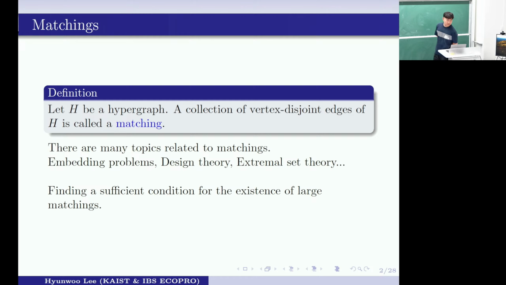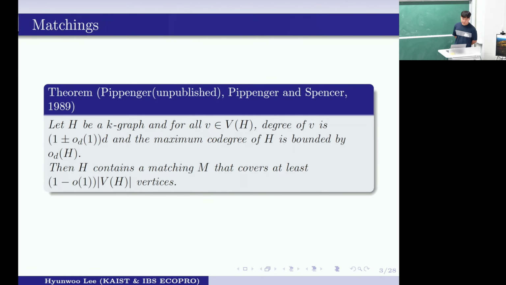So it is very natural to consider whether there is some general result on hypergraphs that can guarantee the existence of an almost perfect matching. I think this theorem provides a very nice and very general sufficient condition for the existence of an almost perfect matching, which is called the Pippenger-Spencer theorem.